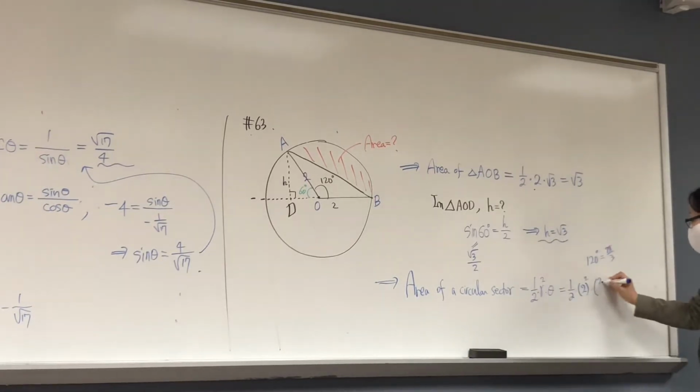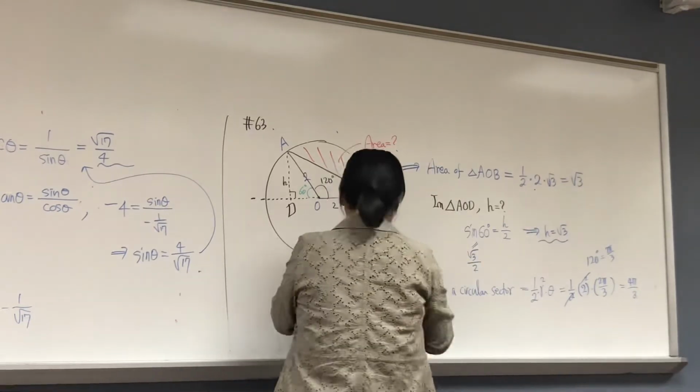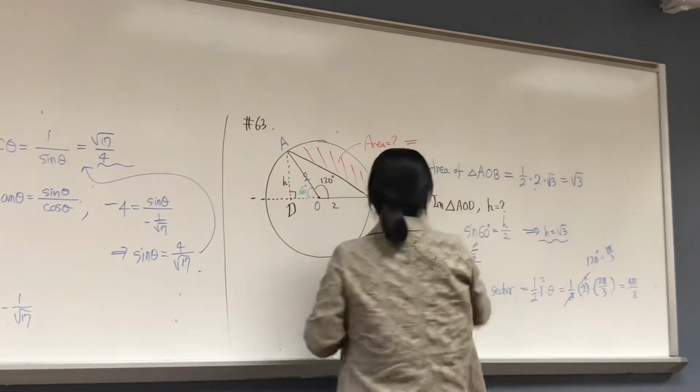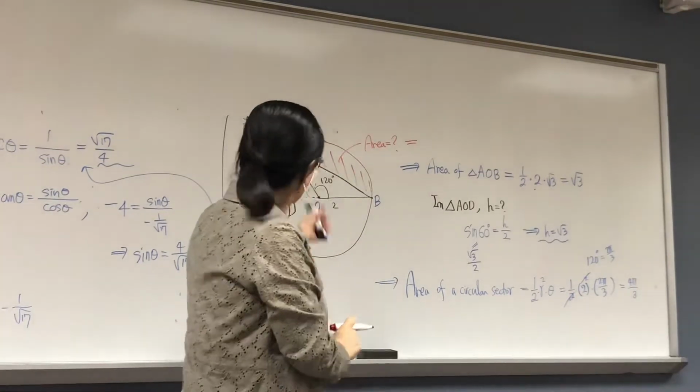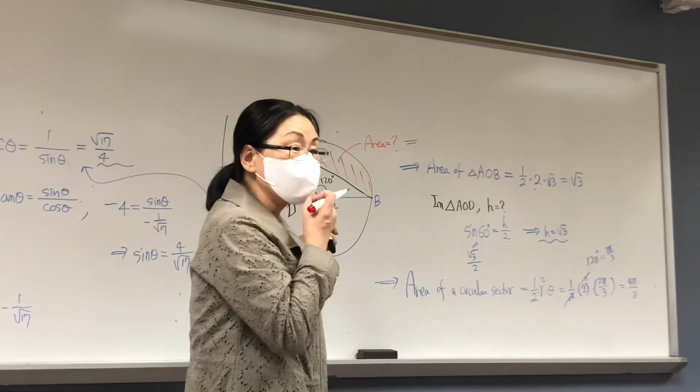So multiply by 2 pi over 3. These two cancel, and then what? 4 pi over 3. Am I right? Yes. So now summarize. What's the area of this? Go back. By these two, what is the area? The area is the sector area minus the triangular area.